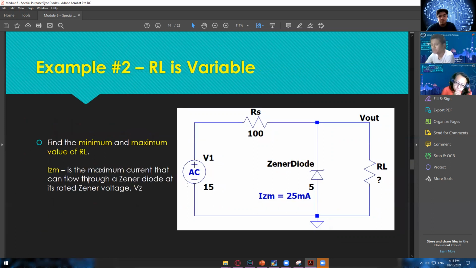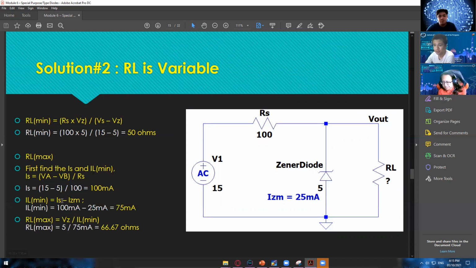IZM is the maximum current that can flow through a Zener diode at its rated Zener voltage, which is 25 milliamps. So we have 100 milliamps for our IS and 25 milliamps for our IZM, and that will give us a result of 75 milliamps as our minimum current.